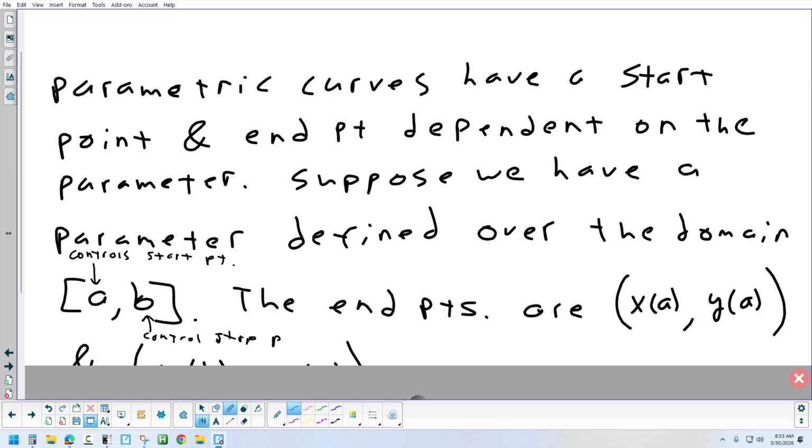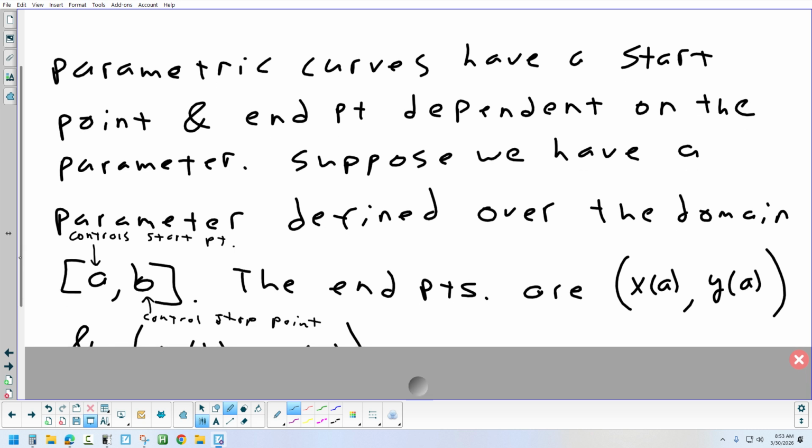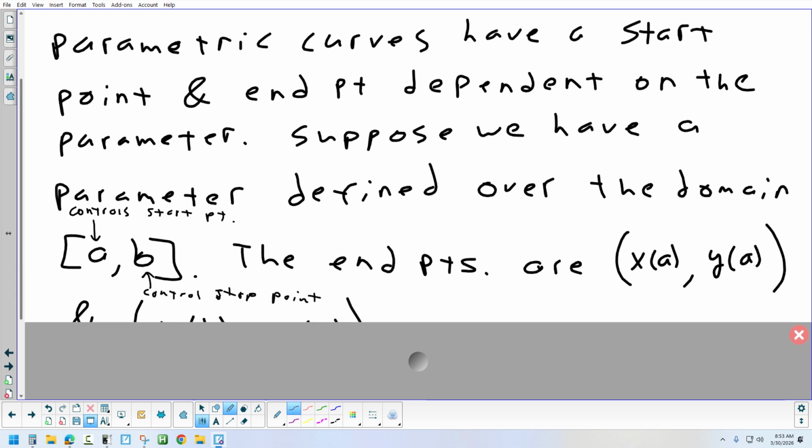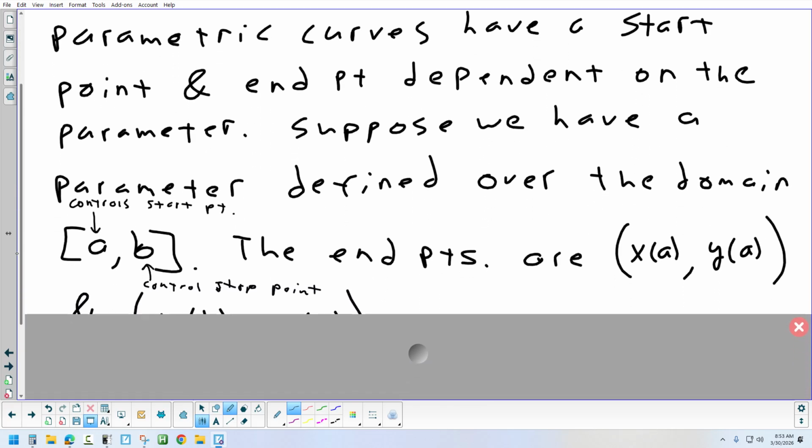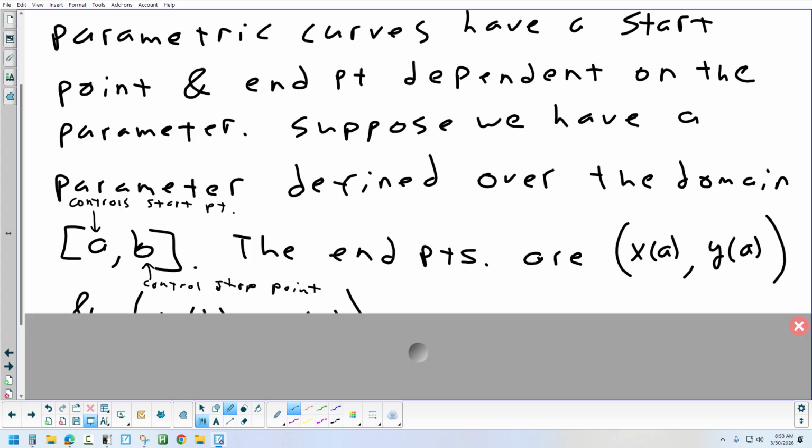So the way that you use the A and the B to figure out where the graph starts and where it stops is you take the A value, and the first thing you're going to do is plug it into the formula that gives you the x's, and then you're going to take the A value and plug it again into the formula that gives you the y's.